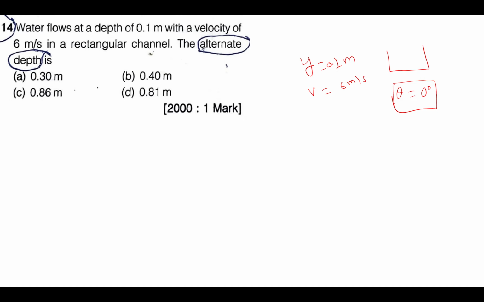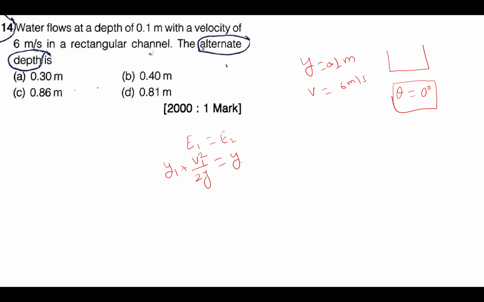It's self-understood. We need to calculate the alternate depth. We know already what the alternate depth is. When we talk about the alternate depth, the energy at the two depths will be equal. E1 is equal to E2. You know the formula already. What is the formula of specific energy?